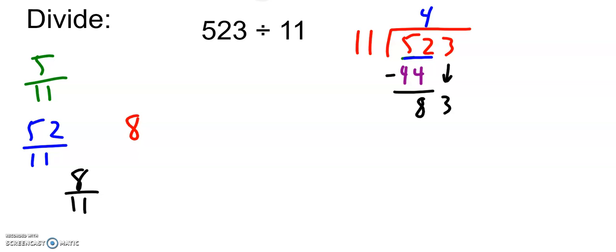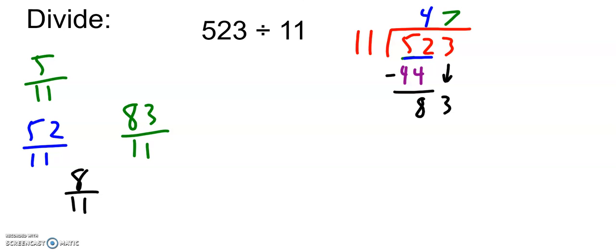Actually, I'm going to use green, to make this color coding better. So then we're going to do 83 divided by 11. How many times does 11 go into 83? 11 times 7 is 77, 11 times 8 is 88, so I know it goes in a full number of 7. So that was my division. Now I'm going to multiply again.